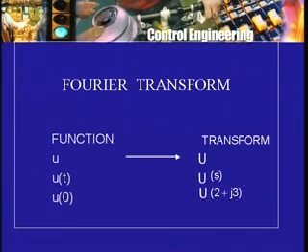It is denoted by the corresponding capital symbol, so one will write capital U, and the value of the function u at time t, for example at 0 or 5 or 10 raised to 5, the general value at time t will be indicated as u(t). So in particular u(0) will denote the value of the function at t equal to 0. Correspondingly for the Laplace transform U, the value at a general complex number will be denoted as capital U of s. For example, we can talk about capital U at 2 plus j3.